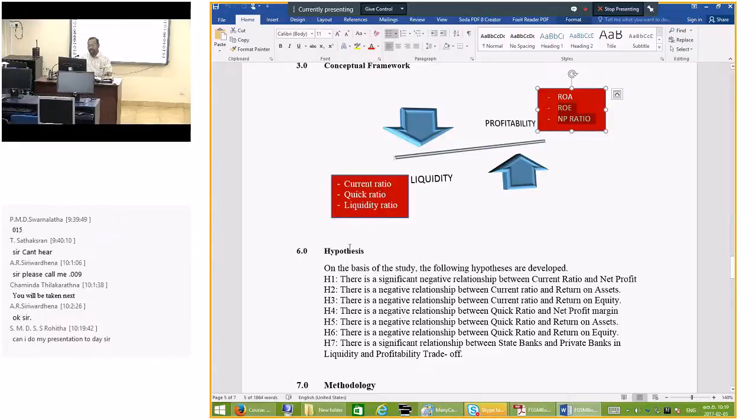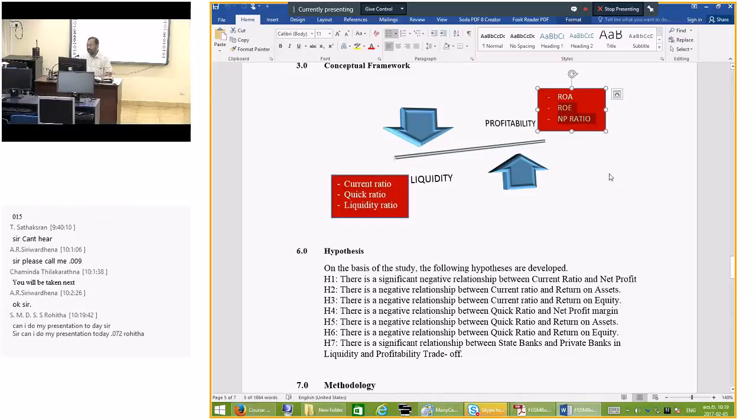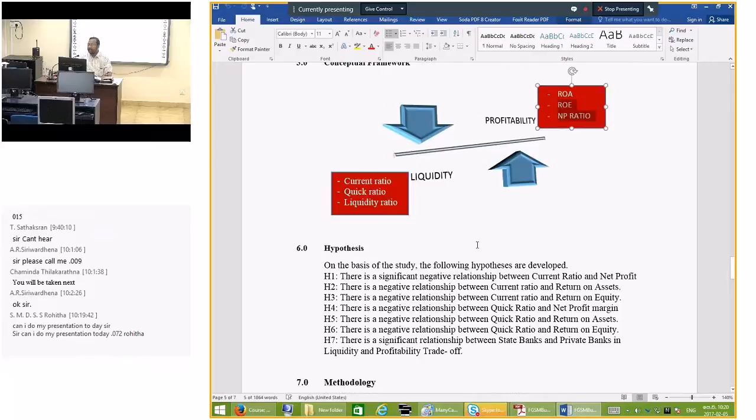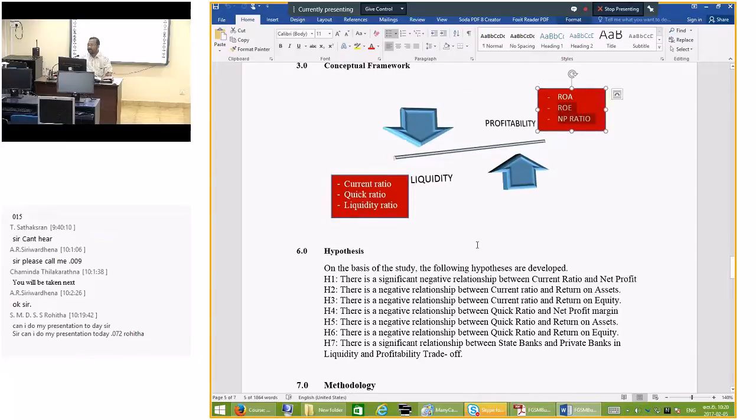Take those. Many variables under the independent, it doesn't matter, even 42 variables. Categorize into three or four, and only the ROA. Then you can take that final decision very clearly on whether there is any relationship between liquidity and profitability.